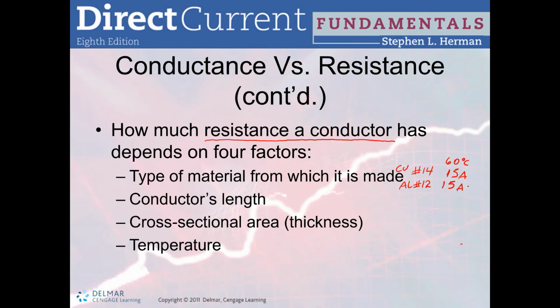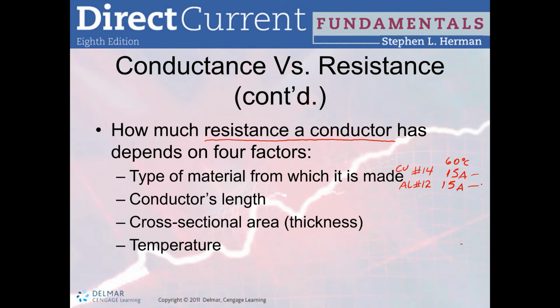So in both cases, you can see that number 14 American wire gauge copper is a thinner conductor than number 12 aluminum. However, both of them have the same ampacity. Why is that? That's because copper is a better conductor than aluminum.